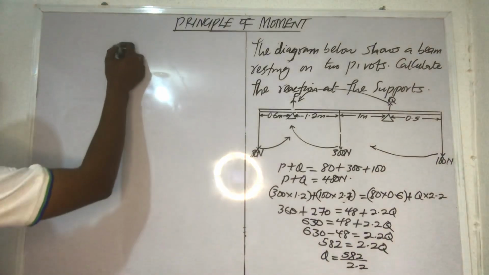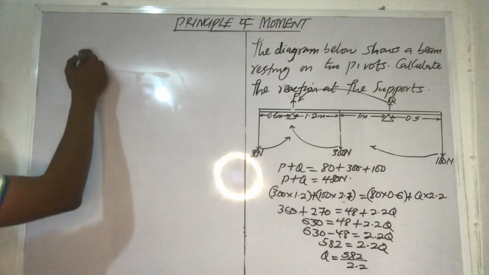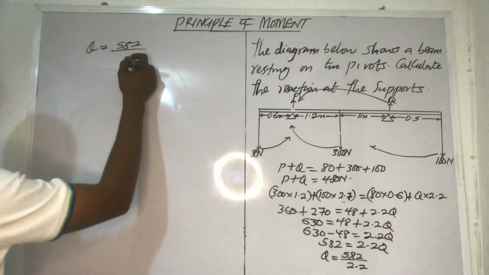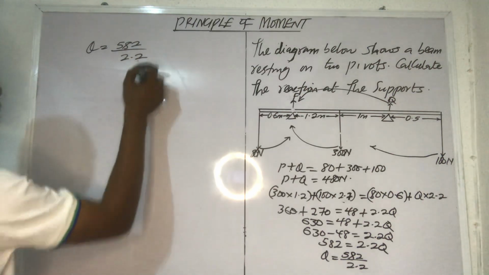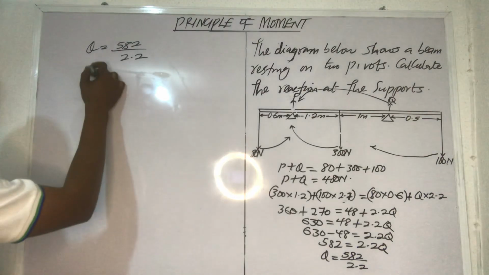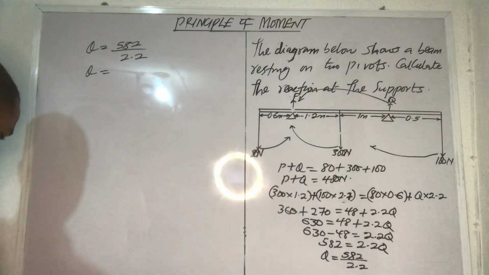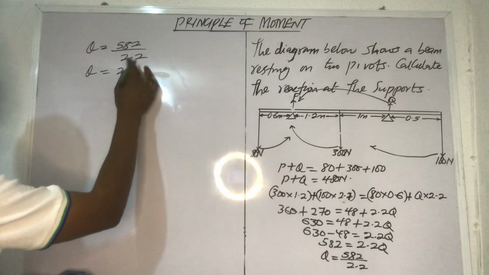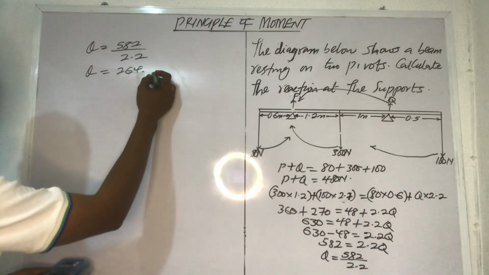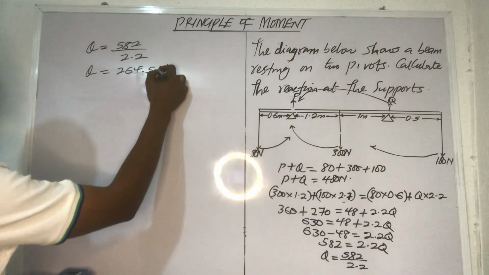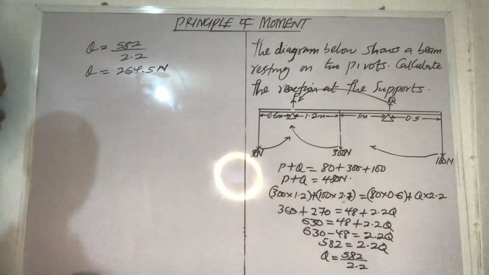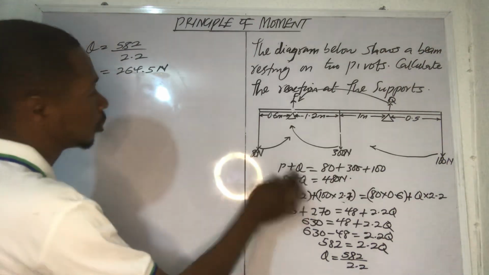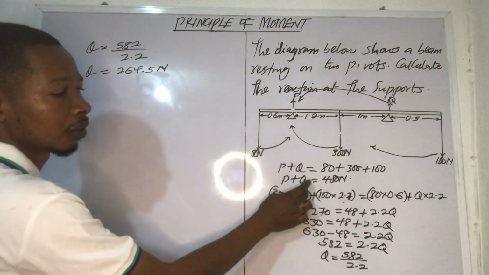So my Q will be equal to 264.5 Newton. My Q is 264.5 Newton. Then to get my P now, substitute this Q into this equation.